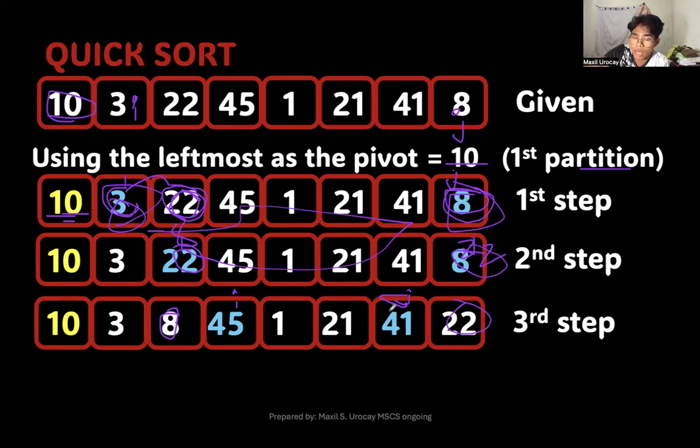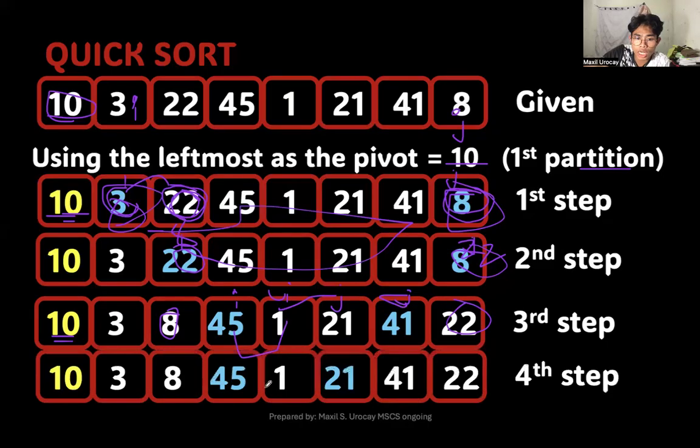So decrement J. 21 is greater than 10, so therefore we can decrement right now. So I is 1 and J is 1 right now, and that is less than the value of 10. So therefore, we can swap the I and J. So 45 will be here.